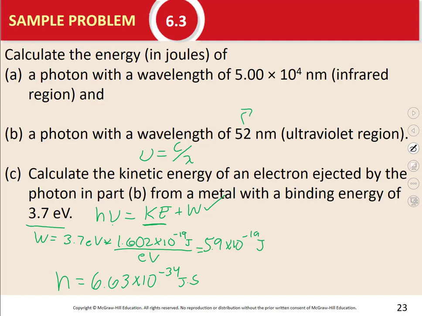So 52 nanometers is how many meters? 5.2 times 10 to the what? Not negative 7. Negative 8. Yeah. Negative 8 meters. That's our wavelength.